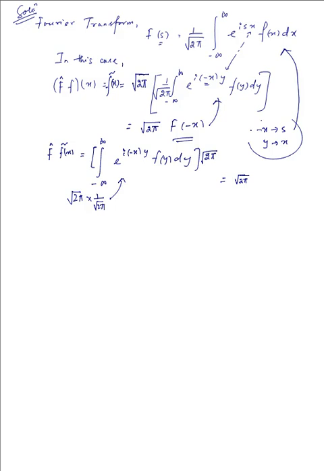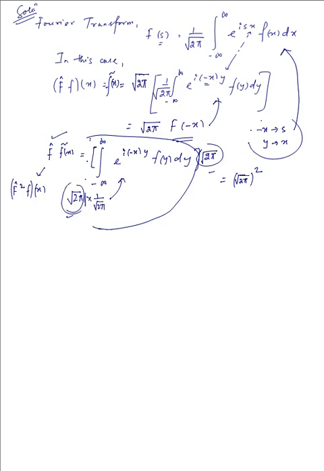So this root of 2 pi was already there. We multiplied this to get a Fourier transform over here. So we have 2 root of 2 pi's, so root of 2 pi squared for the function acting the second time. Now this is nothing but f squared on f of x.